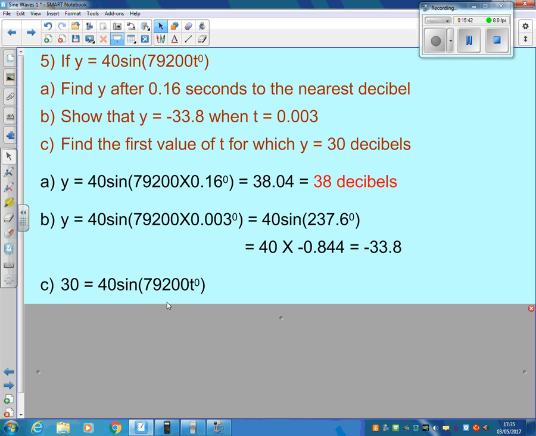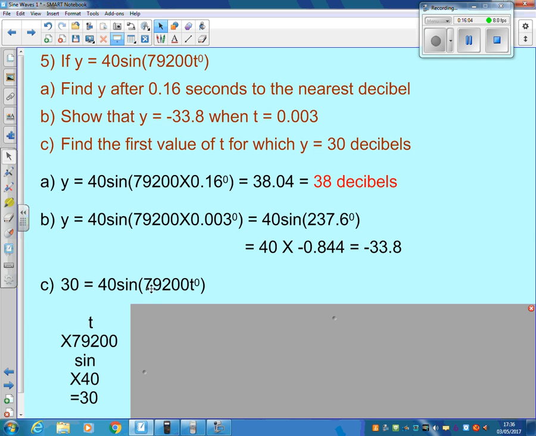Right, let's have a look and see what we can do. What I'm going to do first of all is try an onion method. We start with t. You multiply it by 79,200. Then you find sine. Then you multiply it by 40, and we get 30. So that's setting up what we've done.